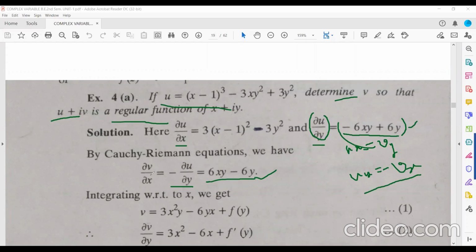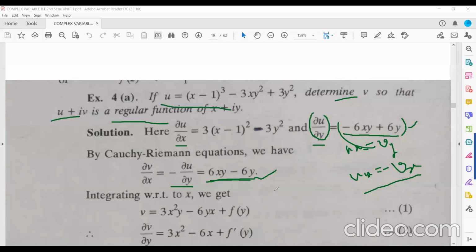So del v by del x equals 6xy minus 6y. Now what do you do? Integrate this equation with respect to x. This is a partial derivative. In a partial derivative, if you are differentiating with respect to x, you need to consider other variables as constant. The same concept you can apply in integration also.